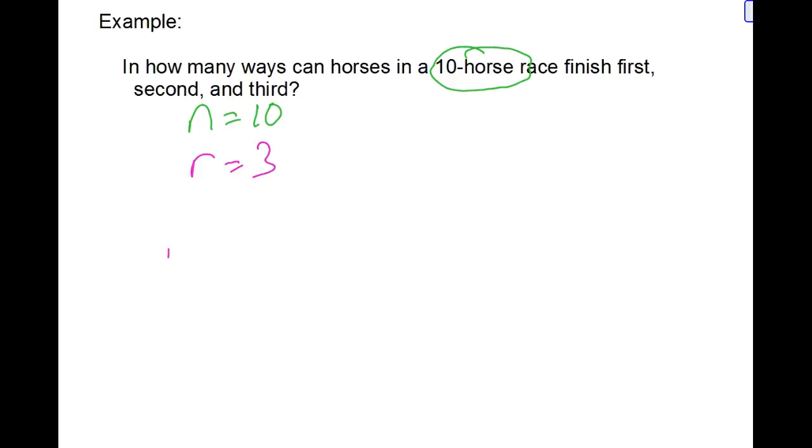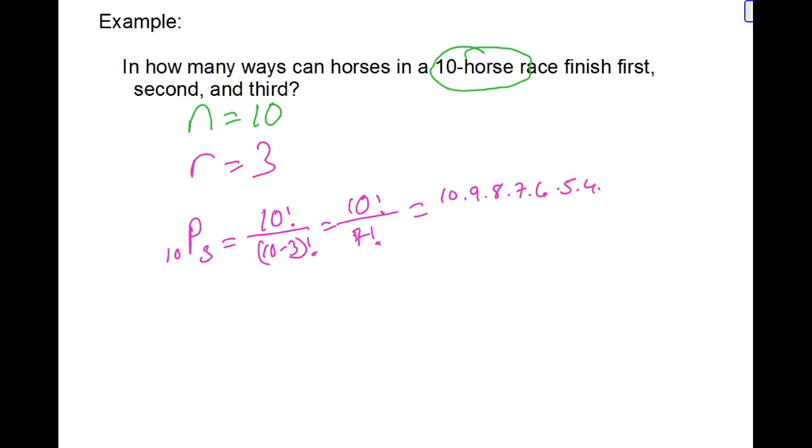So we're going to have 10P3. And so we're going to have 10 factorial divided by 10 minus 3 factorial, which is going to give me 10 factorial over 7 factorial. So what this represents is 10 factorial is 10, 9, 8, 7, 6, 5, 4, 3, 2, and 1 all multiplied together. 7 factorial is 7, 6, 5, 4, 3, 2, and 1 all multiplied together.